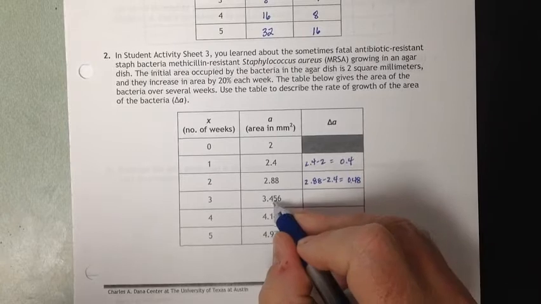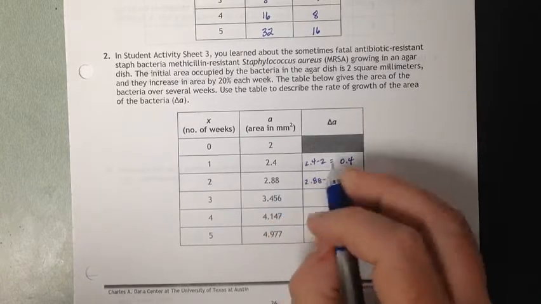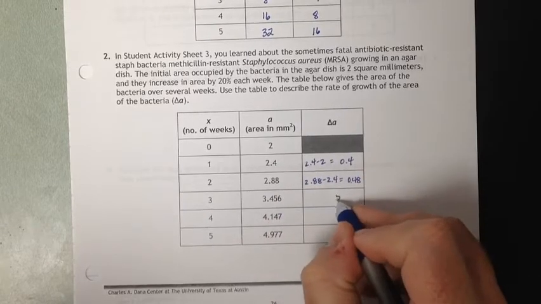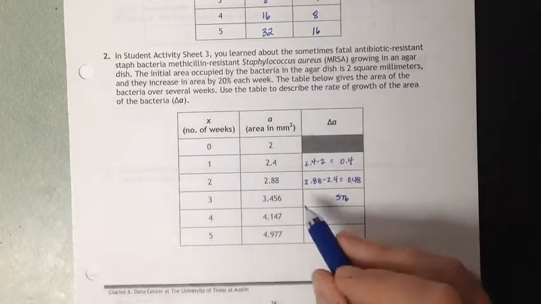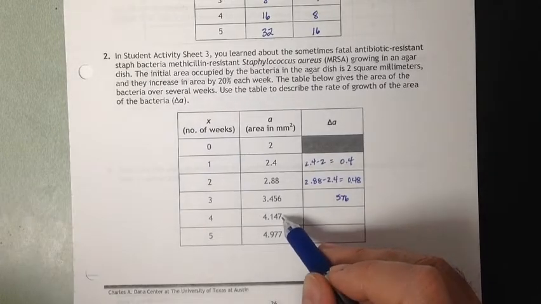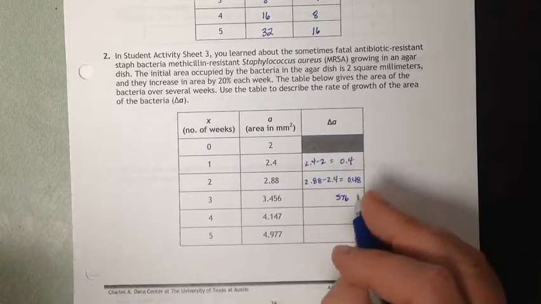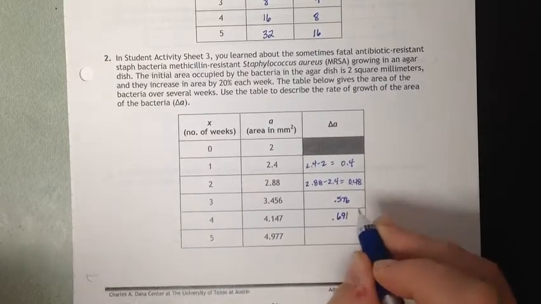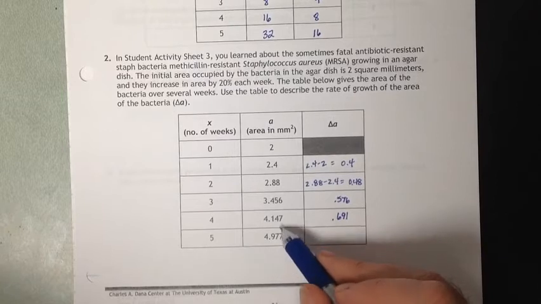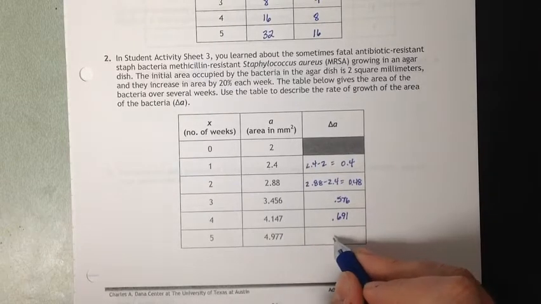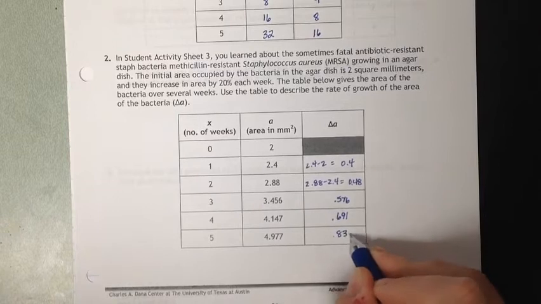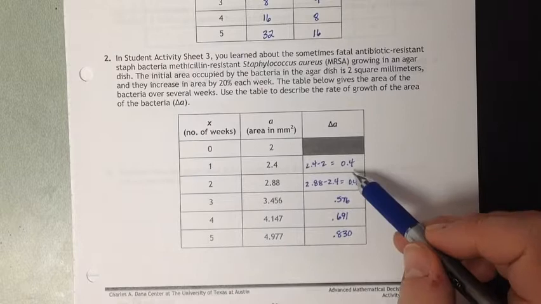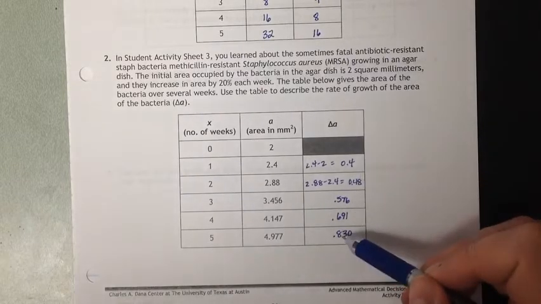And then 3.456 minus 2.88, that's 0.576. 4.147 minus 3.456, that is 0.691. And 4.977 minus 4.147, that is 0.830.